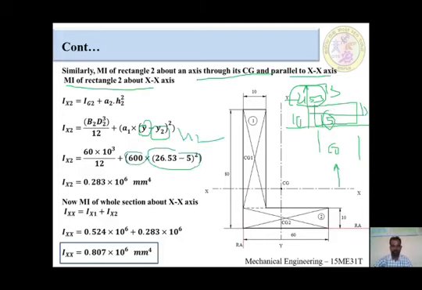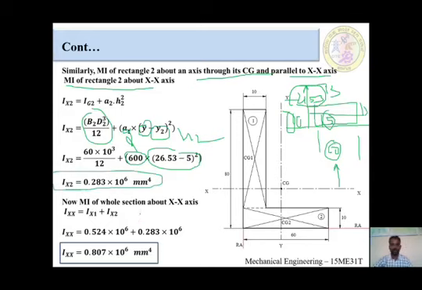Okay, this 600 would be the area 2. Okay, how to find out B2 D2 cube divided by 12? Right, when you are looking from this side, first we will look 60, second we will look 10. 60 into 10 cube divided by 12 plus 600 into 26.53 minus 5 whole square. Okay, Ix2 we got 0.283 into 10 raised to 6 millimeter raised to 4.